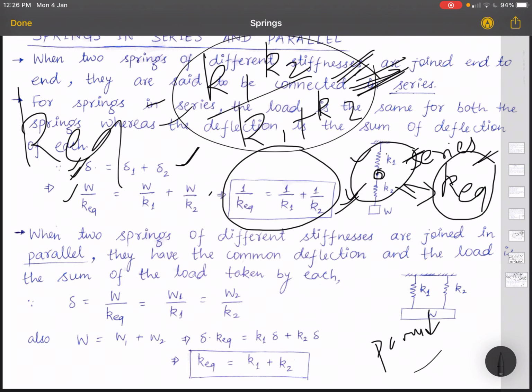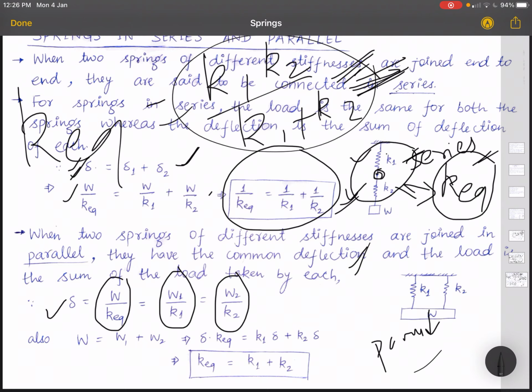But what if the springs are in parallel? For parallel, we have to see the deflection. If the springs have a common deflection, then they are termed as being in parallel. So delta, which is W by K equivalent, will be equal to W by K1, will be equal to W by K2, because delta is the same.